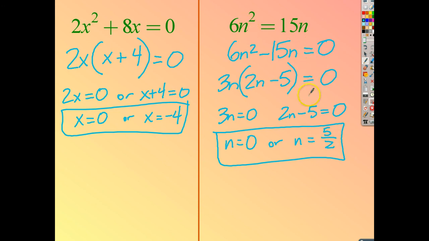On the other side, 6 times 5 squared over 2 squared is 150 over 4, which is equal to 75 over 2. So it works.